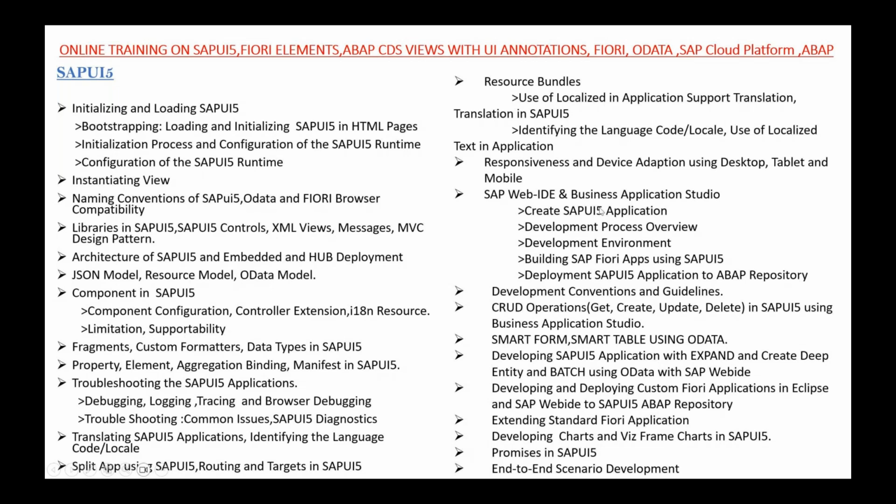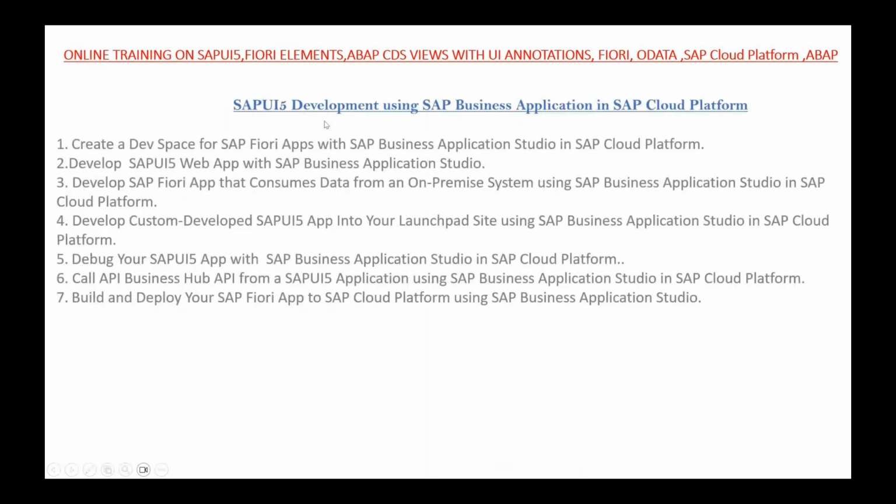Mostly 90% we will be using BAS, and 5 to 10% we will use Web IDE, where we'll create applications, CRUD operations, smart forms, smart tables, expand, create deep entity, deploying custom Fiori applications, extending standard Fiori applications, developing charts, promises. End-to-end development we'll do. We will be developing everything in the BAS, which will consume the OData service.